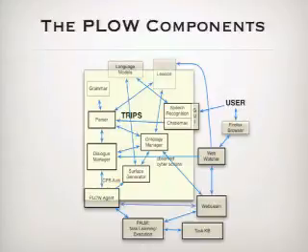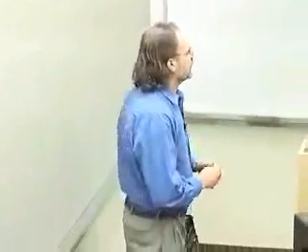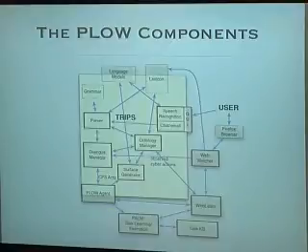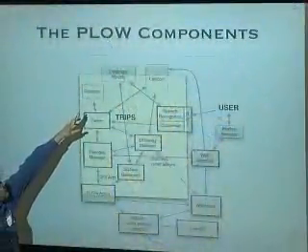So luckily, we have a lot of that technology, and this is a depiction of the structure of the PLOW system, and everything in yellow is generic language technology. This is what we use in all our different systems. As you can see, we have lexicons, statistical language models.